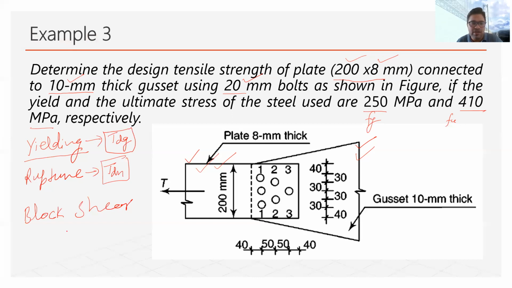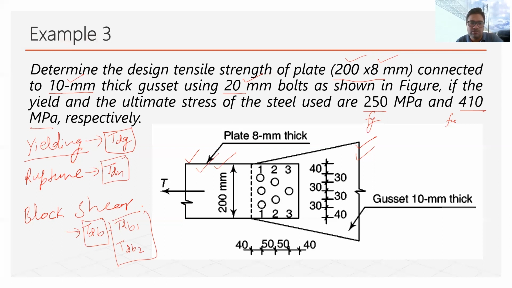Then we find the strength of the plate in case of block shear, which is TDB. We find the TDB value with two formulas, TDB1 and TDB2. The least value among TDB1 and TDB2 will be the value of TDB.